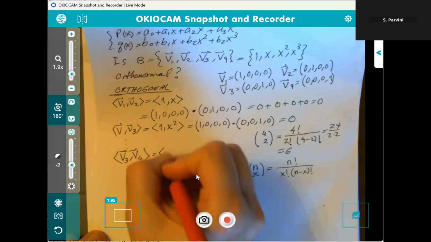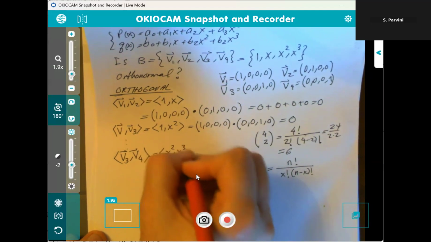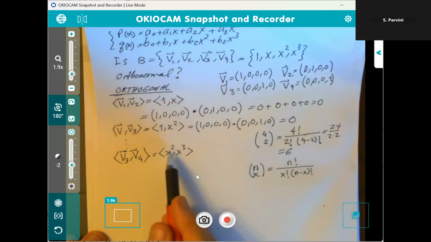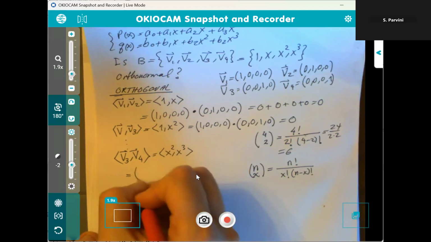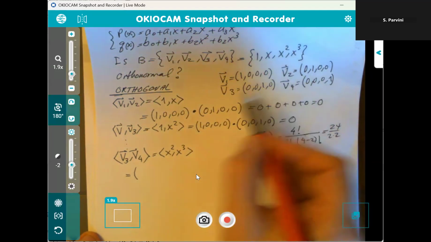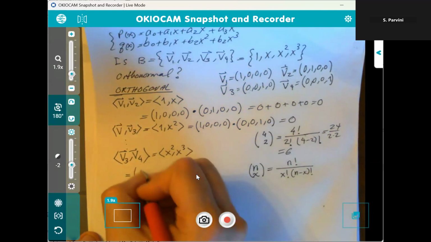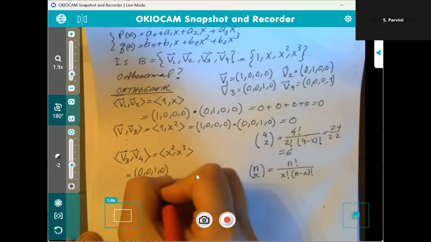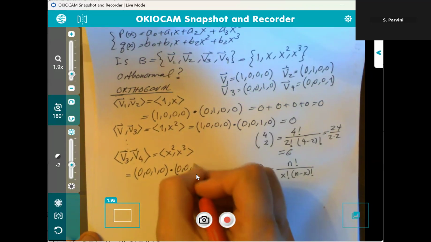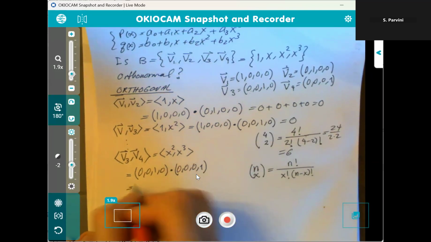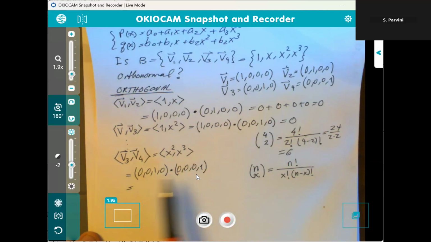V3, V4 means the inner product of x squared and x cubed. For x squared, that's 0, 0, 1, 0, dotted with x cubed, which is 0, 0, 0, 1. And again, by definition of the dot product, 0 times 0, 0 times 0, 1 times 0, 0 times 1.